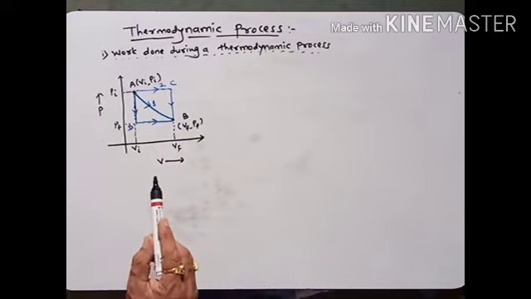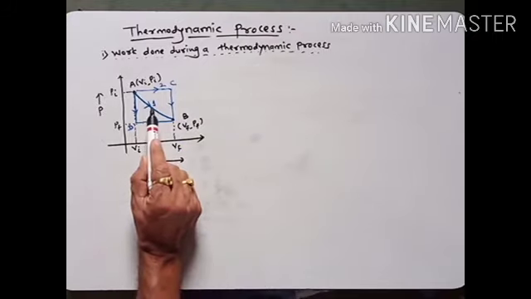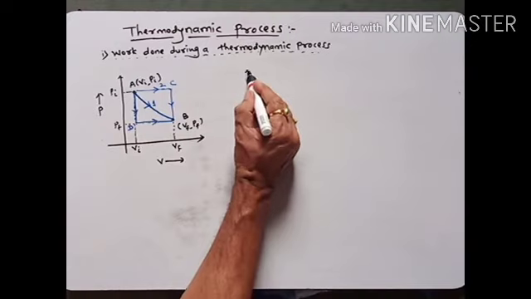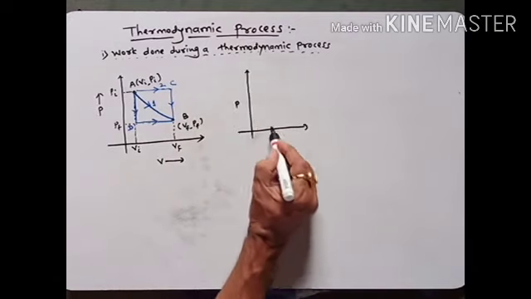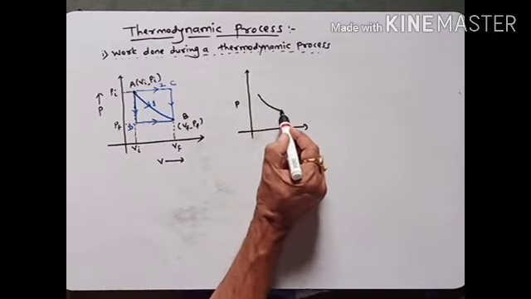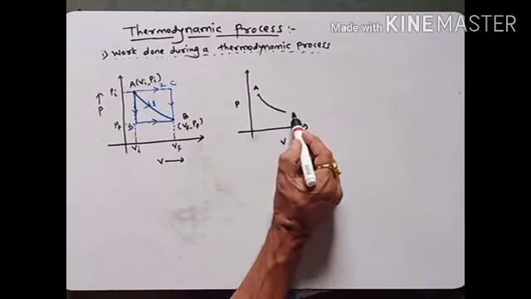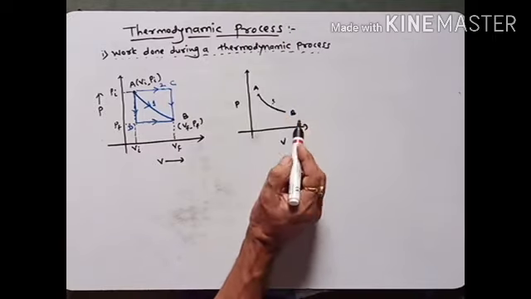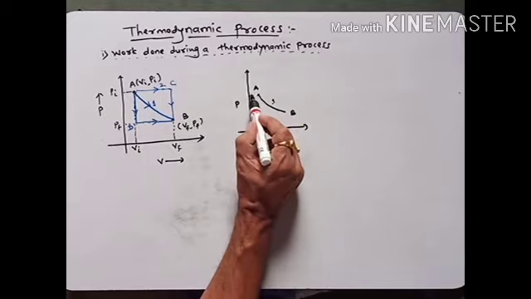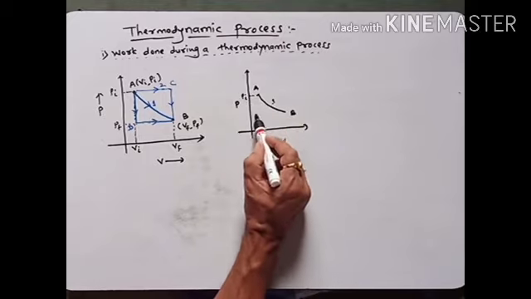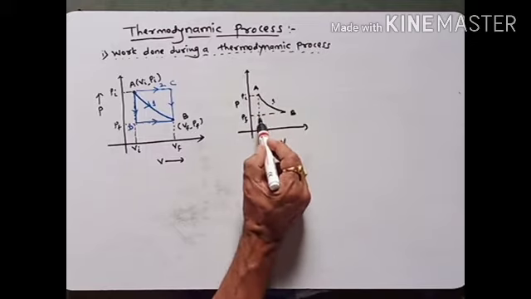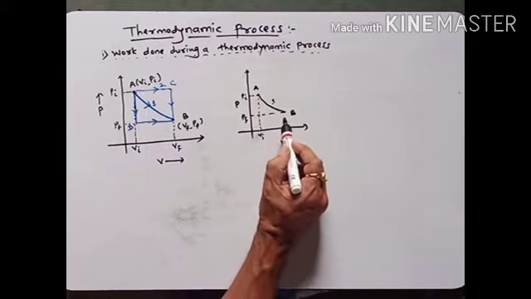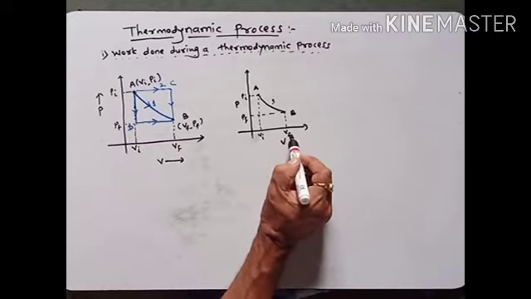Here suppose we consider the first path. Suppose I write here pressure, volume. Suppose this is the first path, A to B. Then suppose Pi is the initial pressure, Pf is the final pressure, Vi is the initial volume, Vf is the final volume.